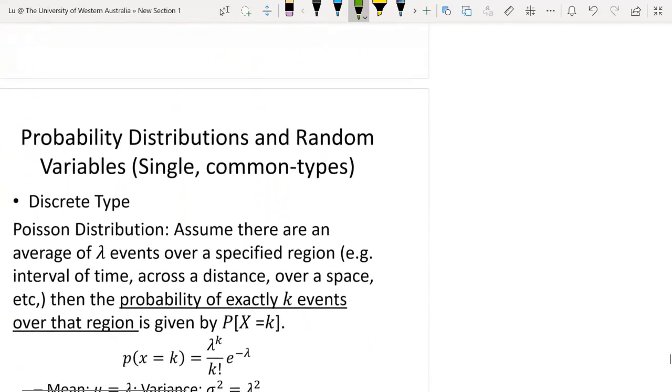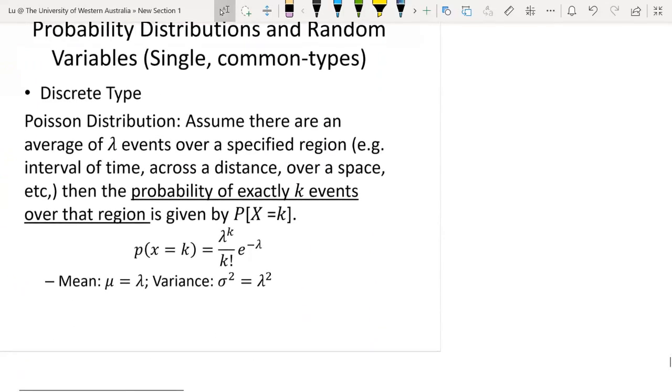Okay, the very last one, Poisson distribution. Poisson distribution is kind of related to the exponential distribution, which we mentioned in the continuous type distribution.